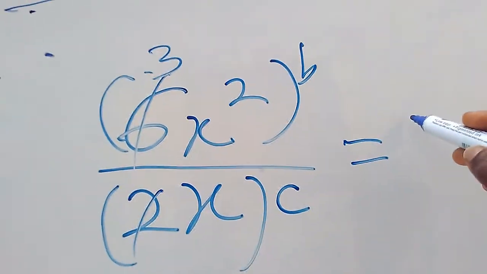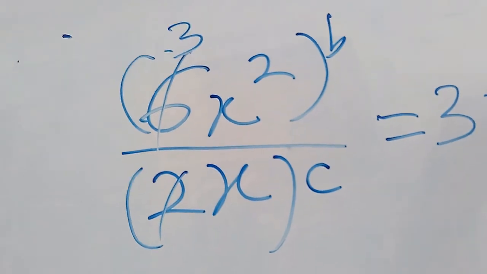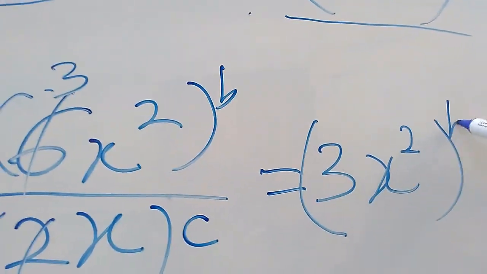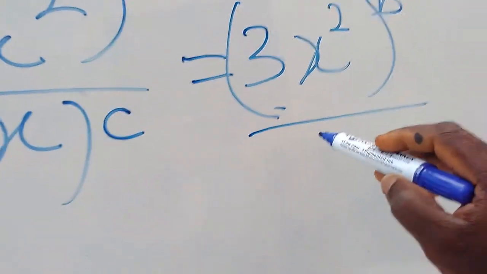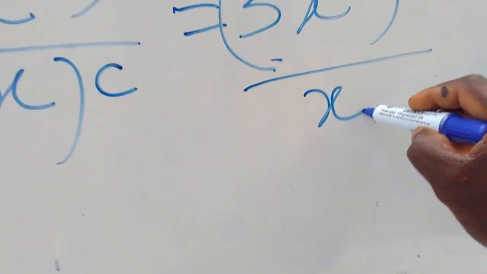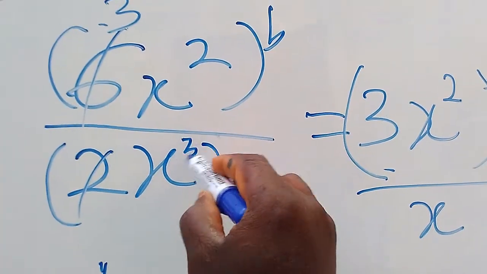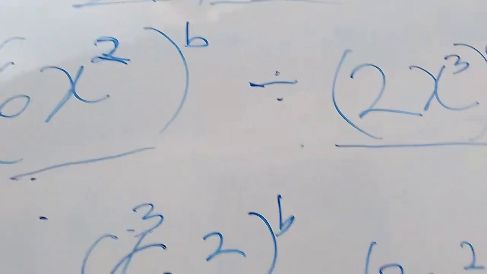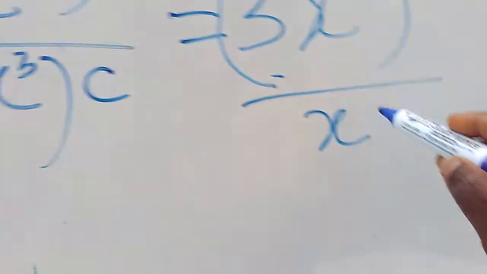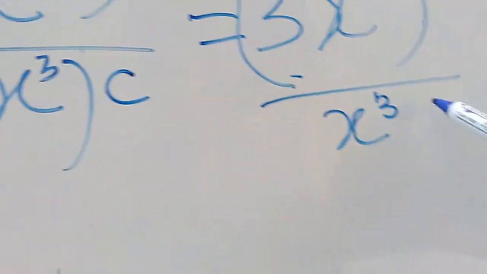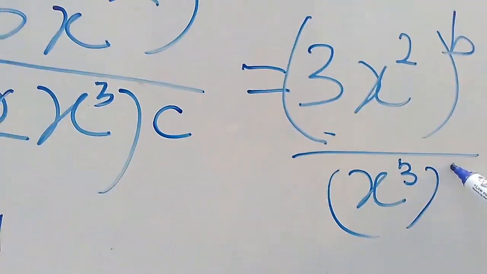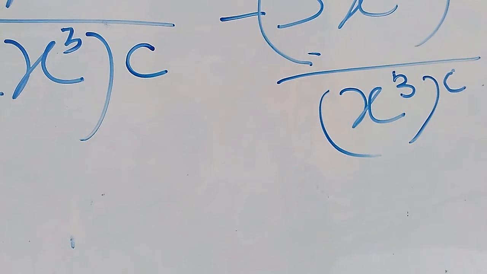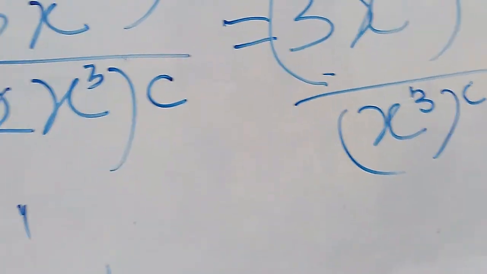So we now have 3x squared and also b, divided by x cubed, that is x raised to the power 3, and also raised to the power c.